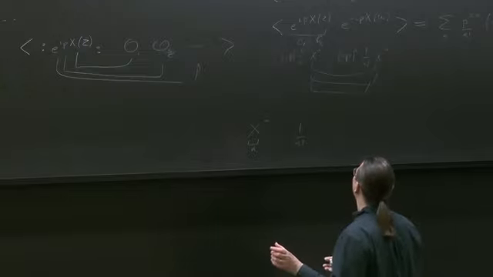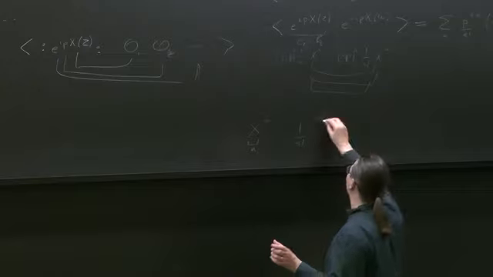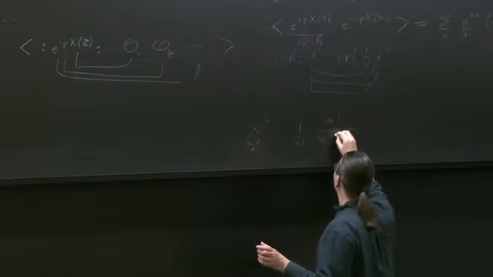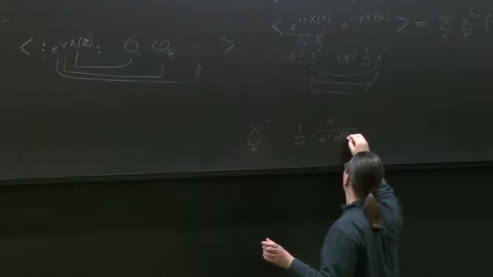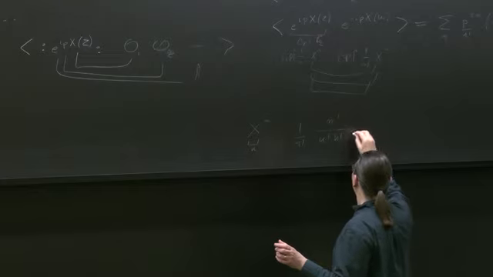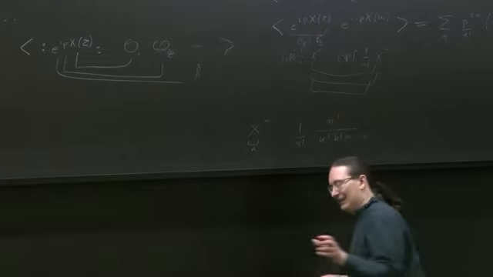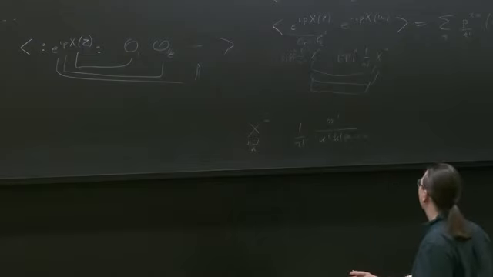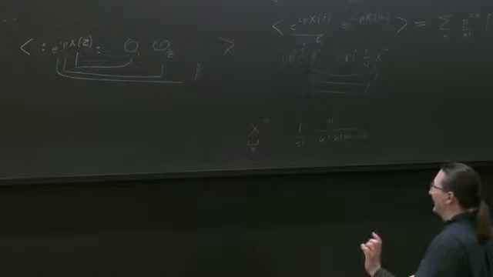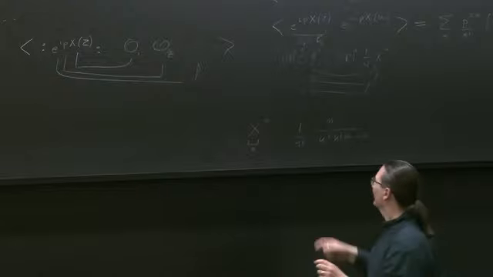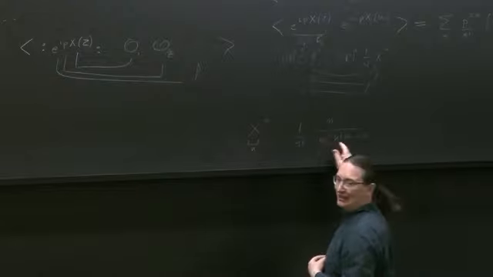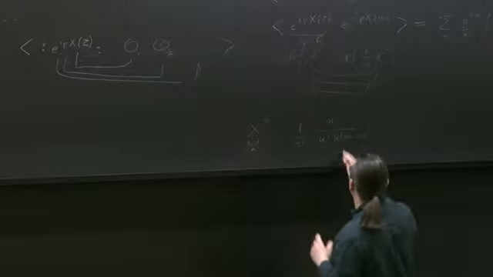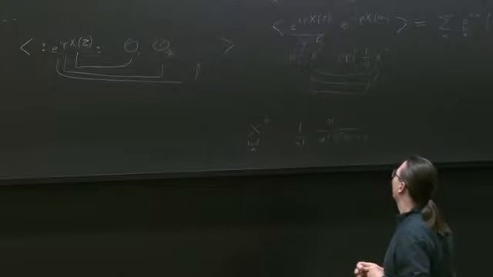So it's something like n factorial over k factorial times k factorial times n minus 2k factorial, perhaps. I don't think I'll get the combinatorics right, but let me try. And then each of the first group can be contracted with each of the second group. So this gives me a k factorial. So perhaps I get something like that.